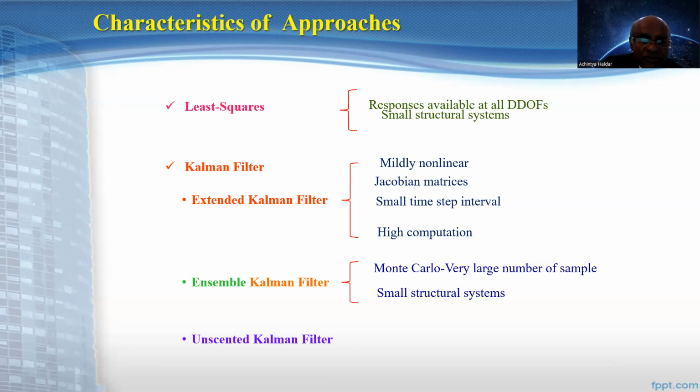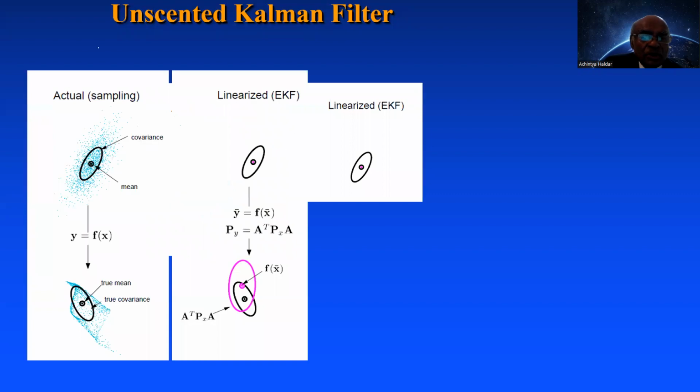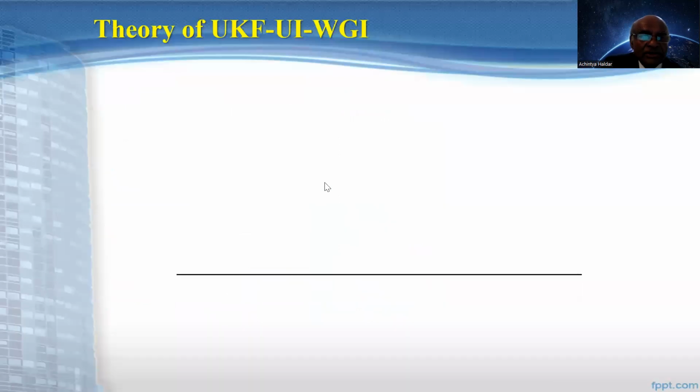Then the ensemble Kalman filter, which I talked about, and then we use the unscented Kalman filter, and it can tolerate a large amount of noise. To show what is going on, I'm going to show this slide. This is a nonlinear transformation. We want this and we are getting this. But if we use the extended Kalman filter, you'll find the problem given by the pink line. If I use the unscented Kalman filter, you'll find that we get a very good result.